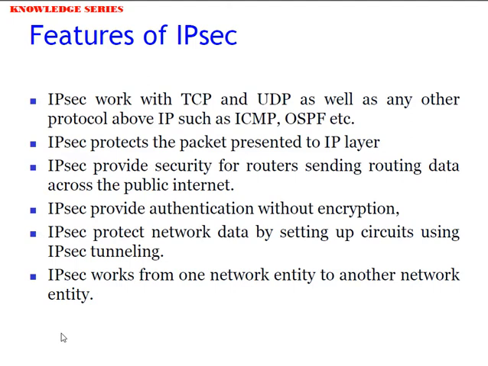IP security works from one network entity to another network entity, and not from the application process only, but it tries to adapt without requiring any changes in the computer applications. So these are certain features.